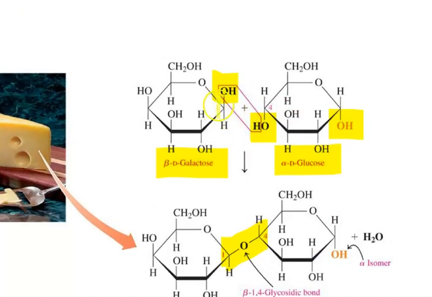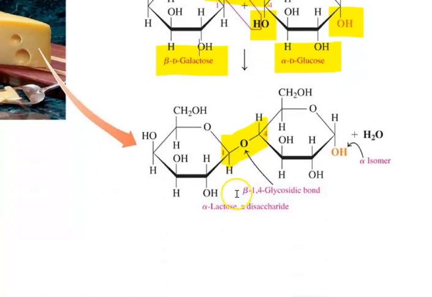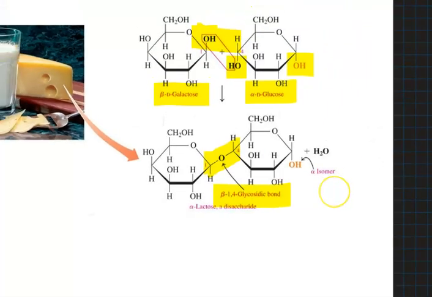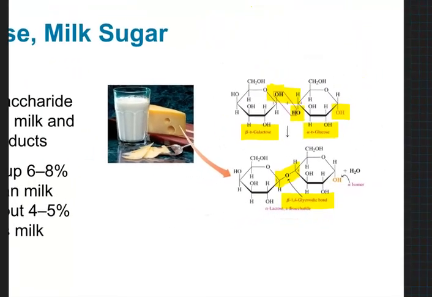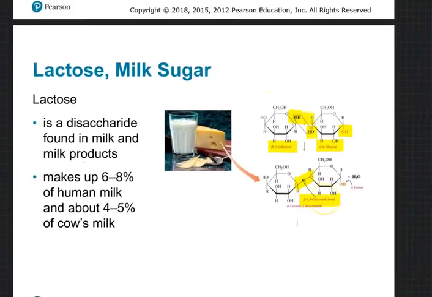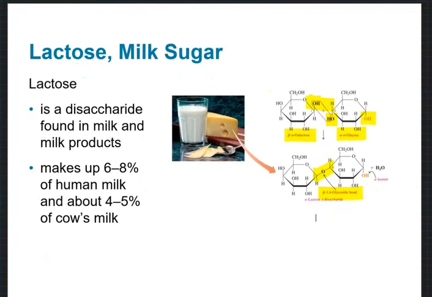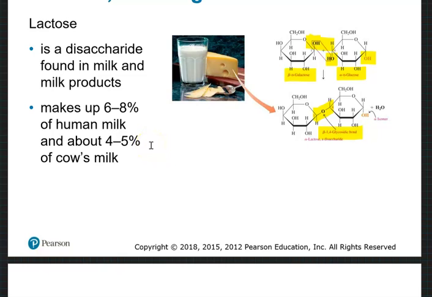It's beta, you see, it faces up. So we call this bond a beta 1,4 glycosidic bond. Can we digest lactose? Yes. And lactose in human milk and lactose in cow milk is the same lactose, same sugar.